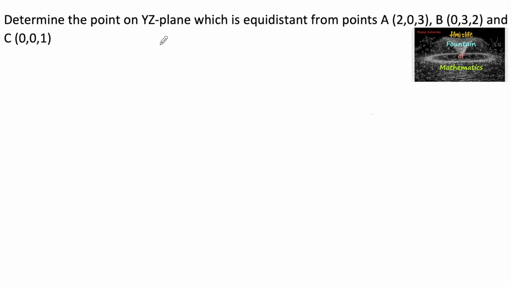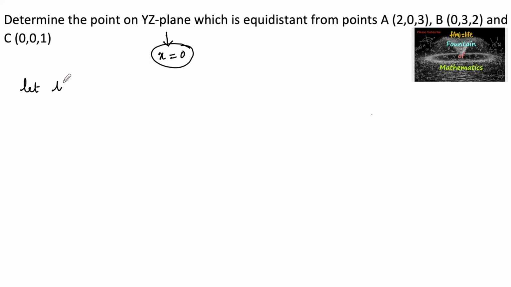Determine the point on the YZ plane which is equidistant from the points A (2, 0, 3), B (0, 3, 2) and C (0, 0, 1). We know that any point on the YZ plane has x coordinate 0.